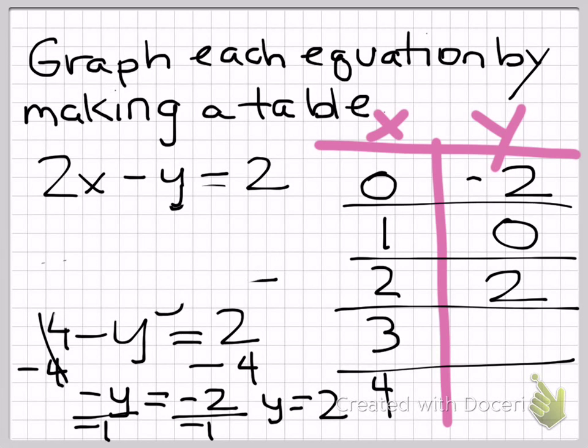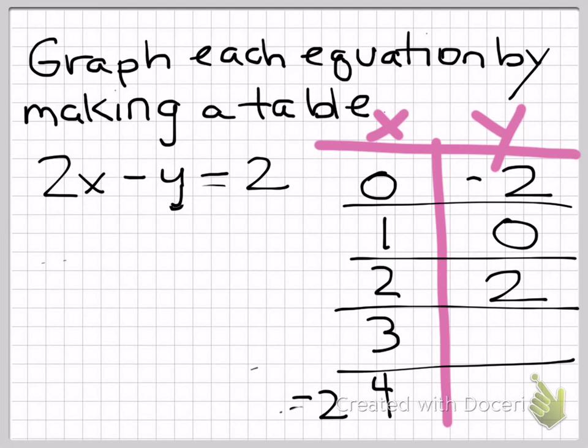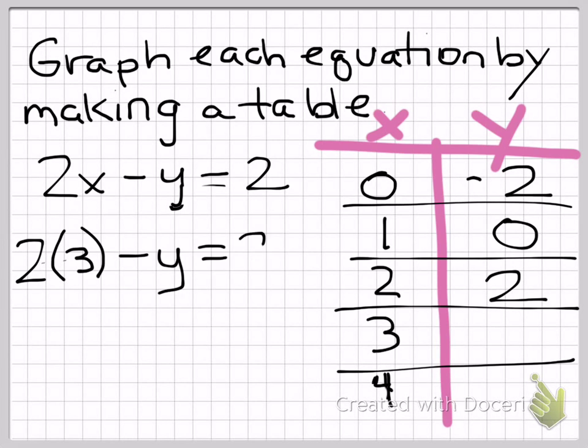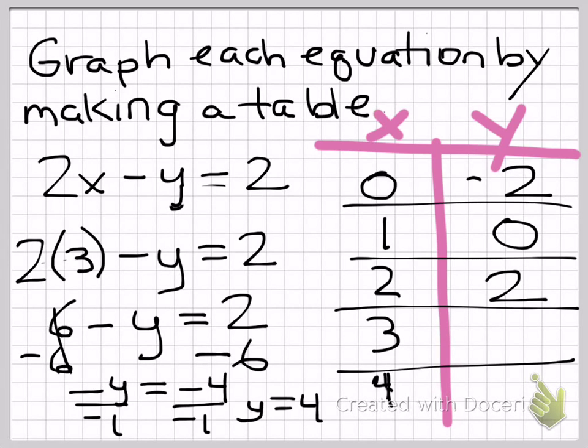And we keep going with the last two. Plugging in 3. Subtract 6. And then divide by negative 1. So y would be 4.